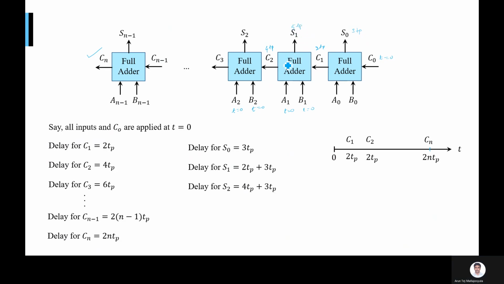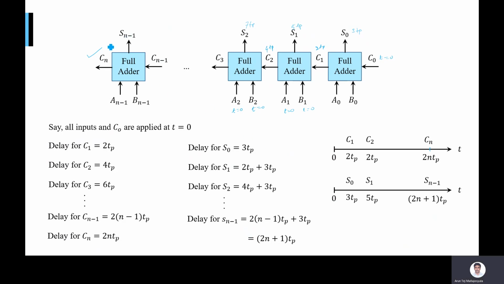Then C2 will come, right, after another 2 TP. So C2 is coming at 4 TP. After C2 comes, S2 will take another 3 TP. So this will come at 4 plus 3, 7 TP, and so on, right? So if you look at the sequence, you can write the delay for n stage S.